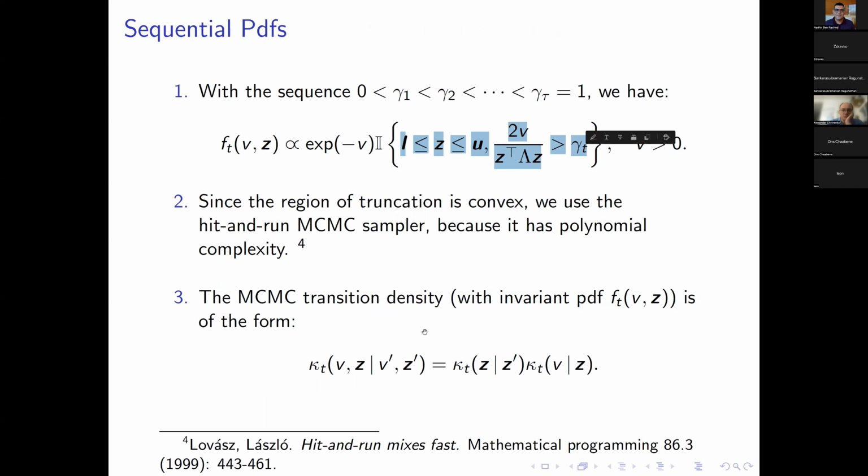Because there's research that shows that hit and run actually has polynomial mixing rate, as the dimensions become very large, the number of steps that I have to take to achieve a certain accuracy only grows polynomially, something like d to the power of 5.